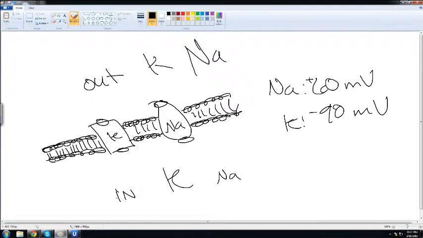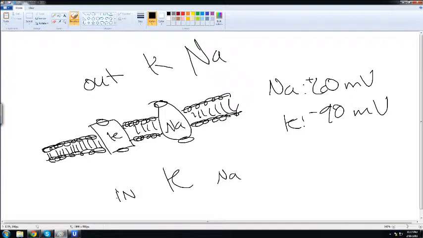So there's going to be the exchange of potassium ions whenever the potassium channel is open, and that exchange is going to be in favor of bringing the cell to negative 90 millivolts. And we'll go over the specifics of that in a second.